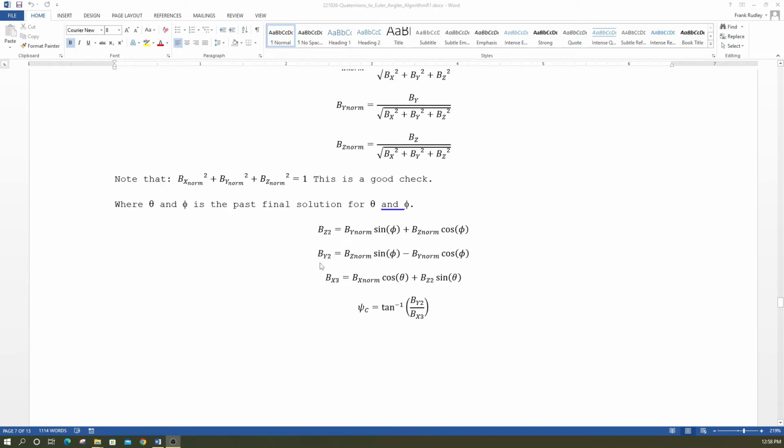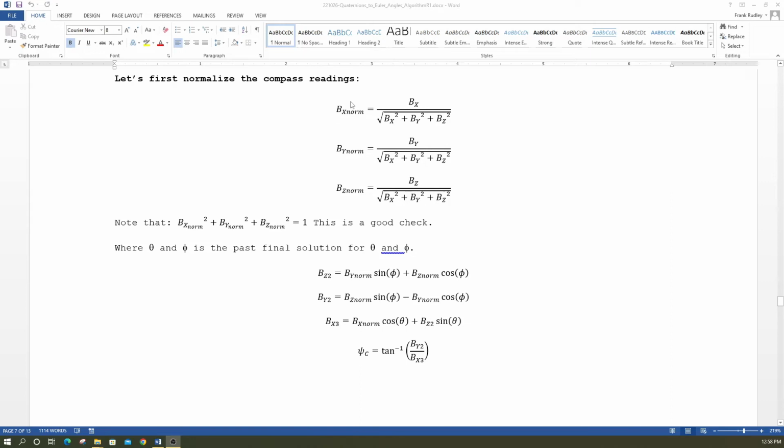Then I compute a By2. So By2 is the Bz component times the sine of phi minus the Y component times the cosine of phi. And Bx3 is equal to the Bx component times the cosine of the pitch angle, plus you take this Bz2 and multiply that by the sine of the pitch angle.